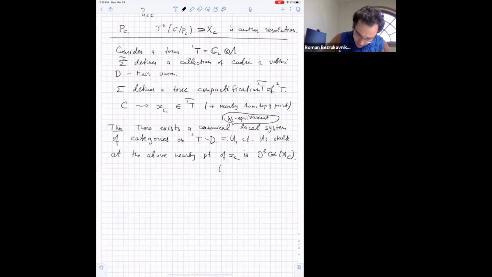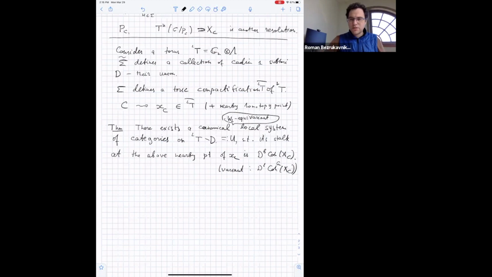And so variant dB core GM of xc. So yes, I should have said that all these varieties come with a canonical action of the multiplicative group by dilations.